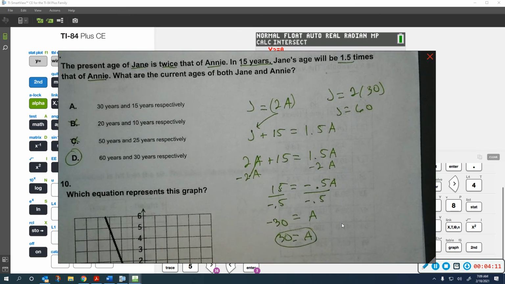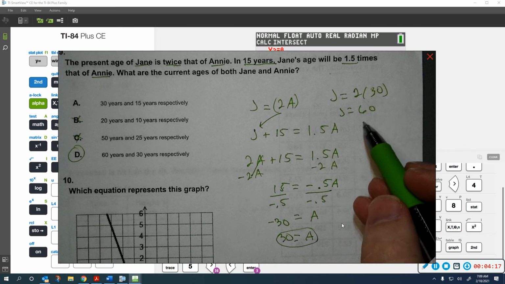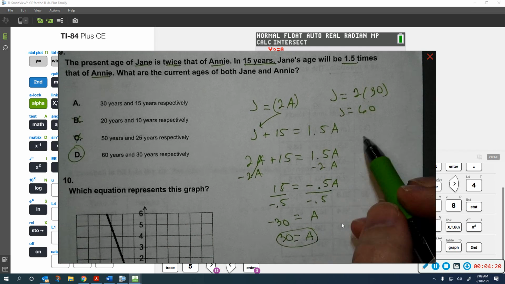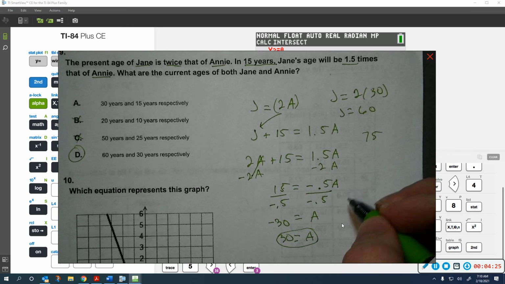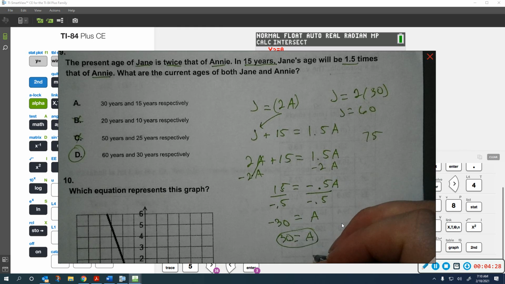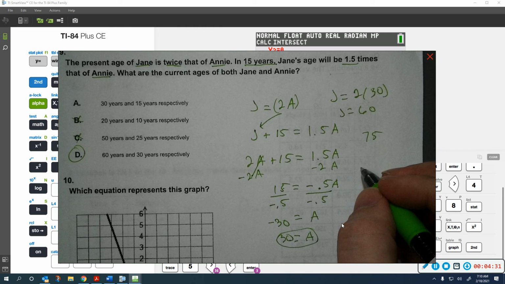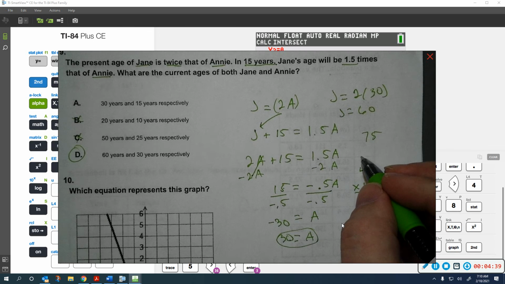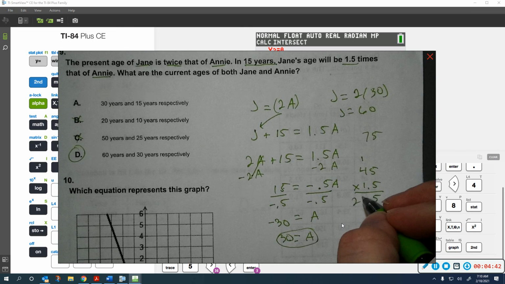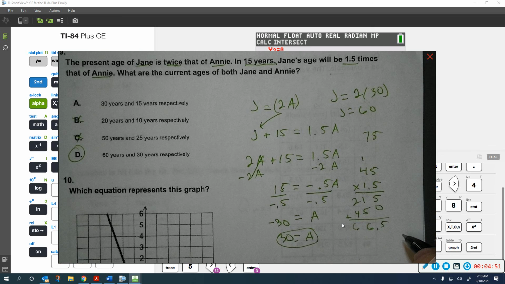So let's go with D. Now, here's how we can test it. 30 times 2 is 60, and then in 15 years, that would be 75, and 15 years from 30 would be 45, so 45 times 1.5 should be 75. Nope, that doesn't work out.